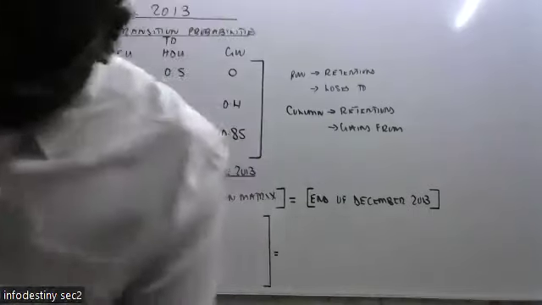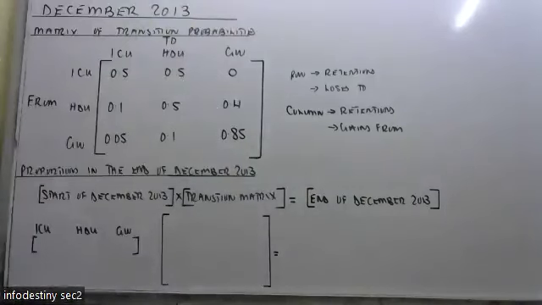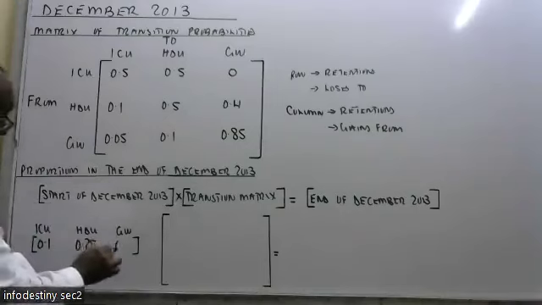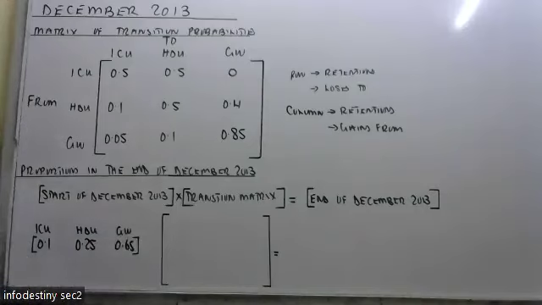So, according to information 4, we are told that at the beginning of December 2013, the hospital had 10% in ICU, so 0.1. They had 25% in the high dependency, and they had 65% in the general ward.